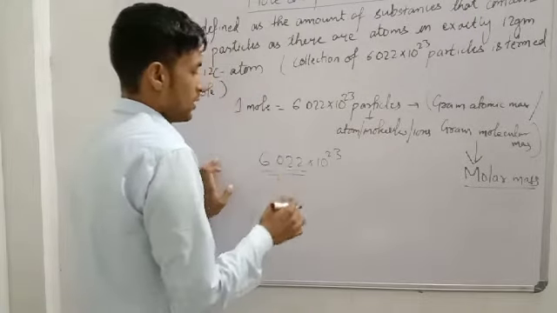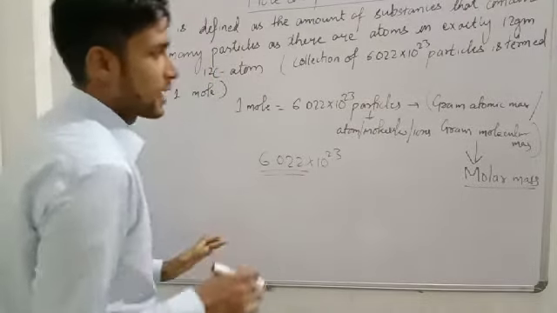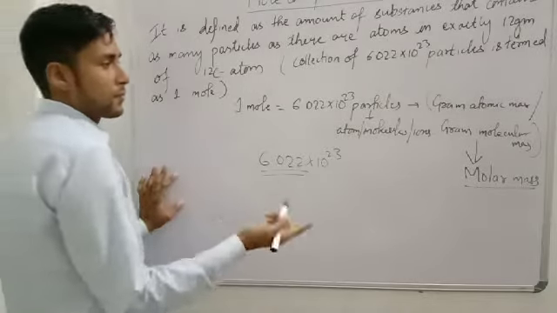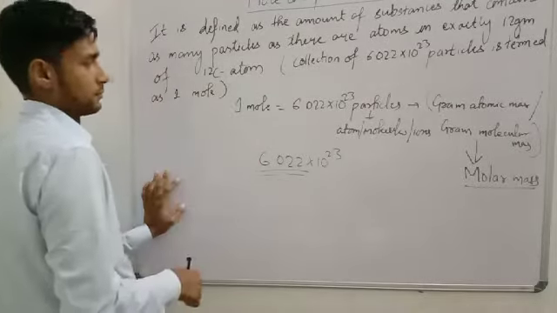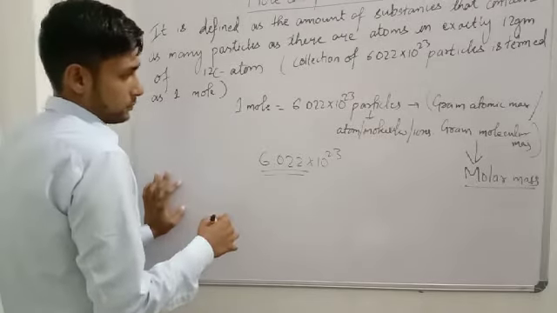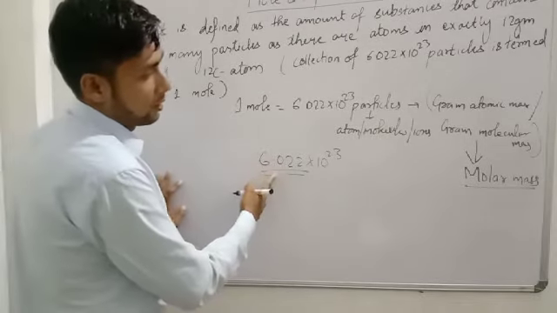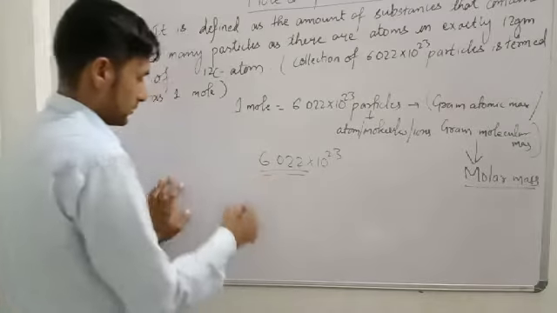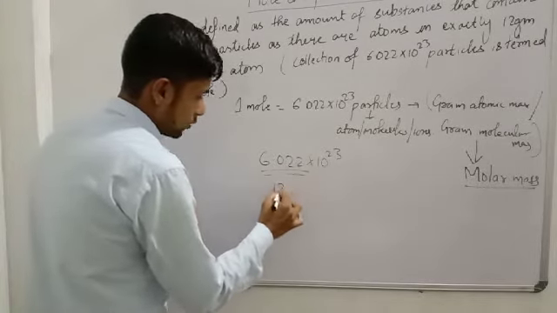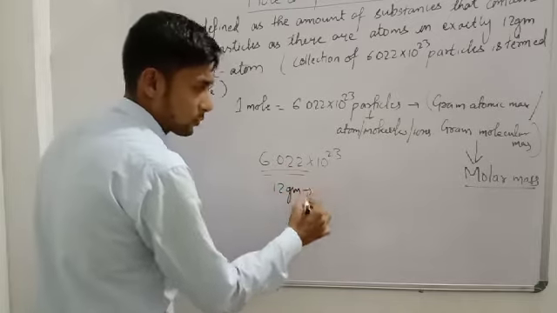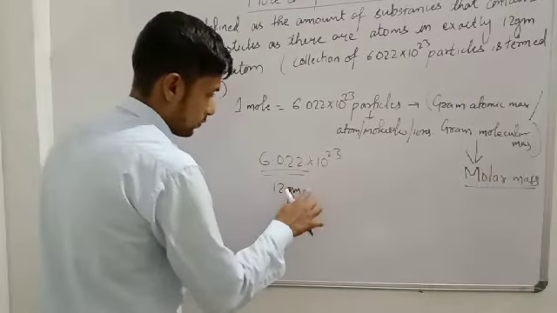So we know that gram atomic mass or gram molecular mass contain this number of particles. Okay, that's why it is known as molar mass.